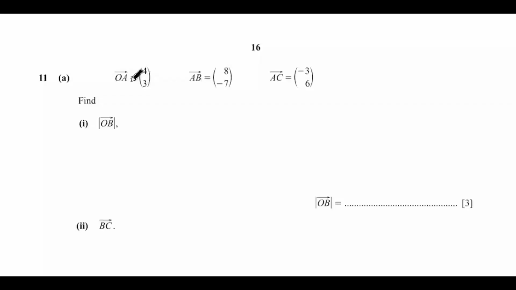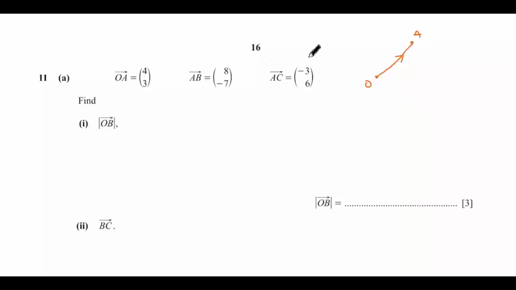The first vector is OA, and look at the direction. If you move forward 4 times, because x equals 4, and you go up 3 times, A will be somewhere around here. So this will be the direction of vector OA.